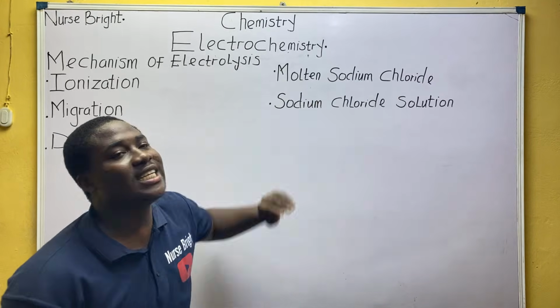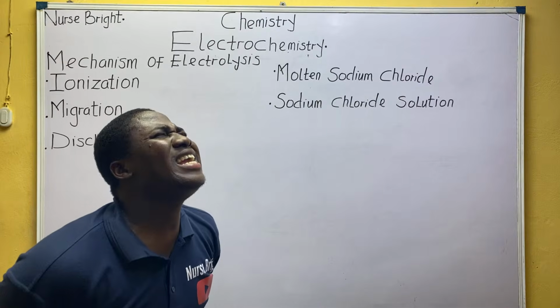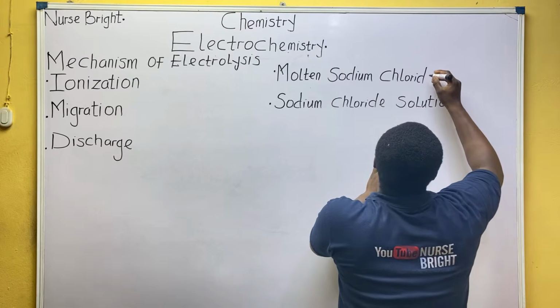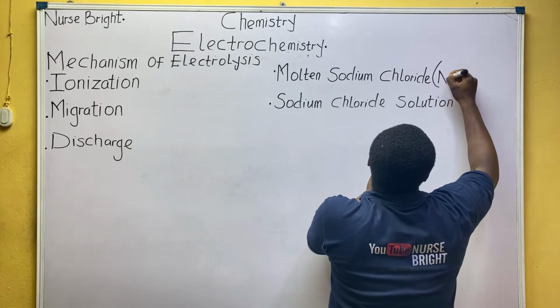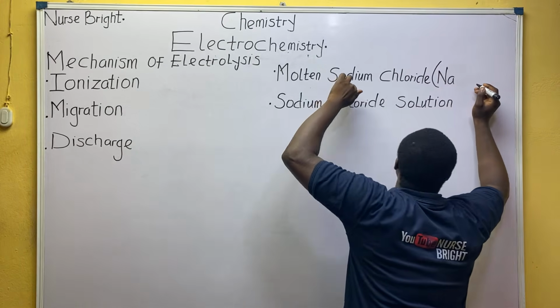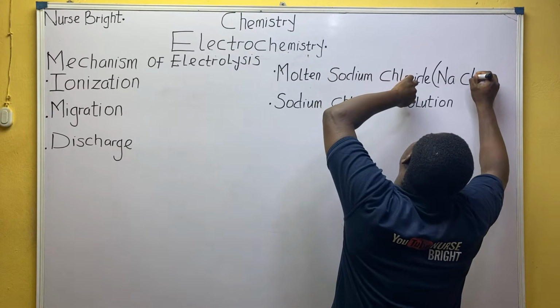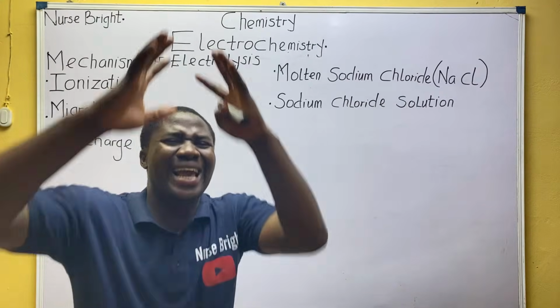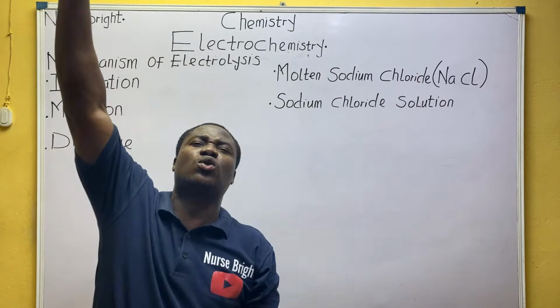Listen, this one that is just molten alone is sodium chloride without water. I repeat, remember, sodium chloride chemical formula: sodium is Na, chloride is from chlorine and it will be Cl. So, for molten form of any compound, it is just that compound without water.